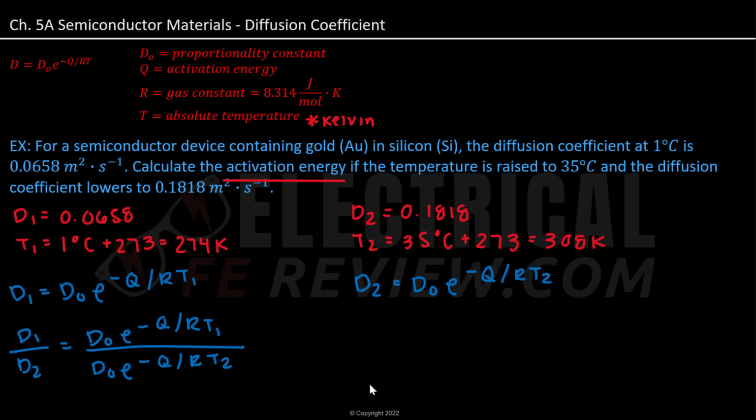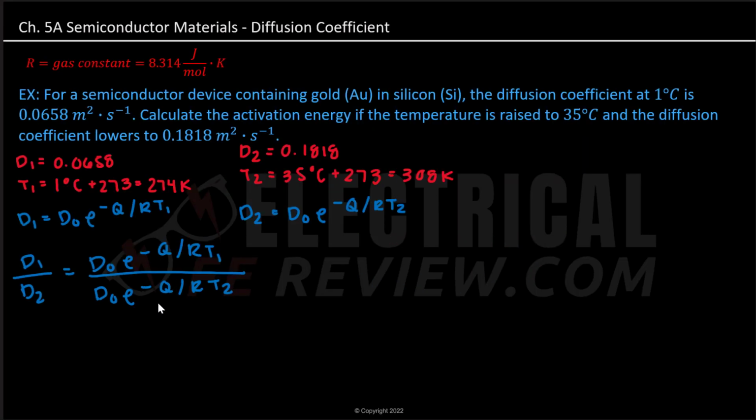Let's go ahead and wipe the board to continue to solve. Our next step is to simplify, since we have our main division and we have our powers that are being divided as well. We can start off by canceling D naught and writing e to the negative Q divided by R times 1 over T1 minus 1 over T2.